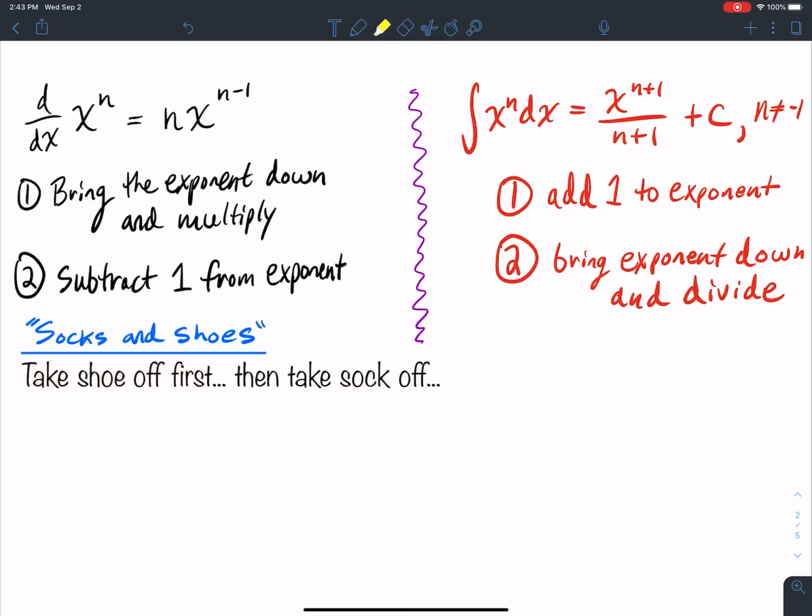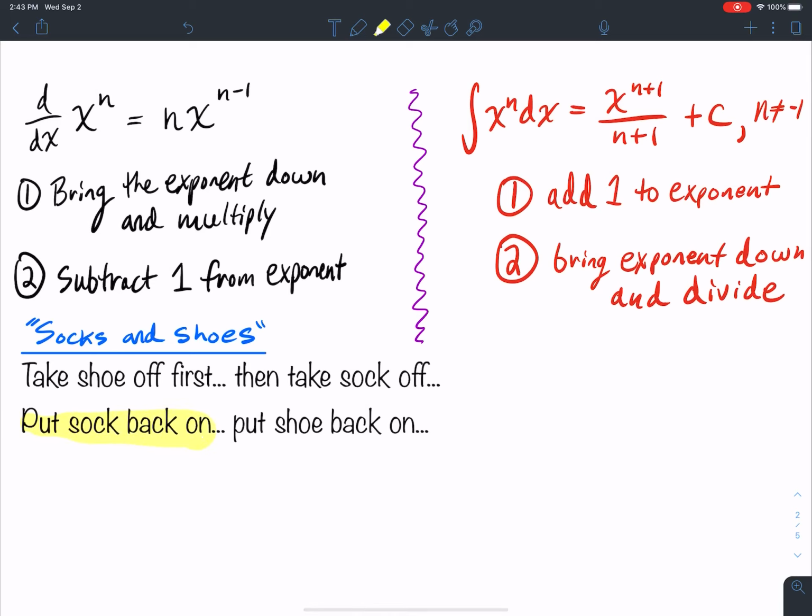So the opposite of putting on your sock and then putting on your shoes is to take off your shoe and then take off your sock, okay? If you think about it, you put your socks on, then you put your shoes on. The first thing you take off can't be your socks. You've got to take your shoes off first, then you take your socks off.